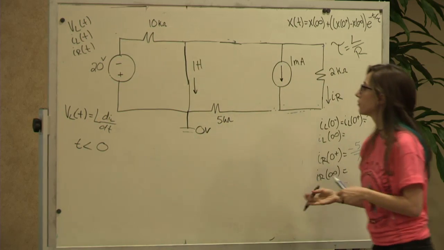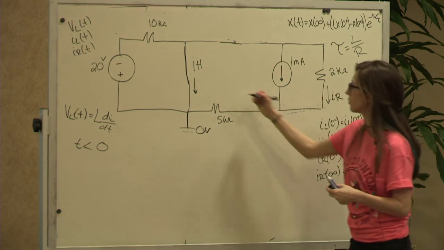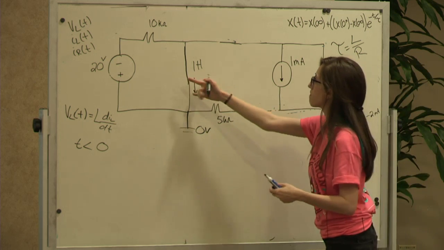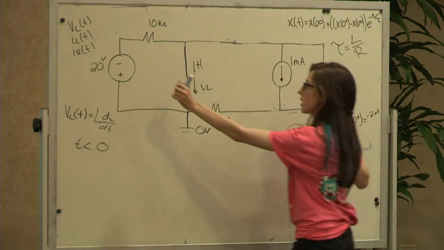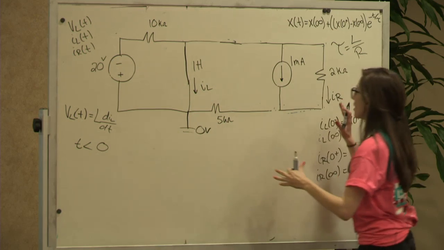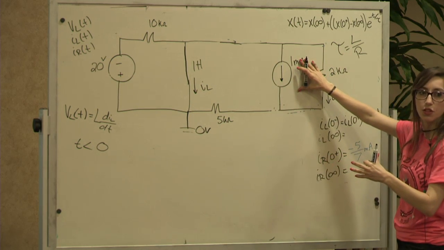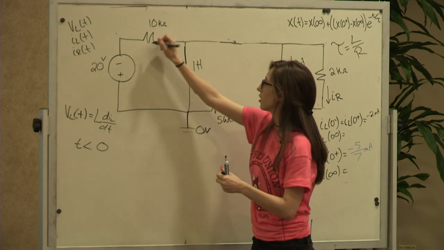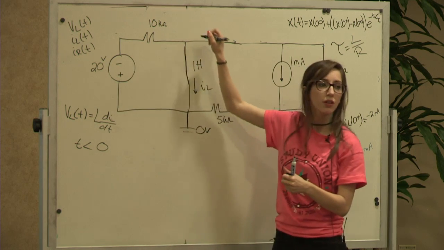Okay. So this shorts out. Now notice this. This circuit is completely independent from this circuit, because any current that comes here is just going to directly funnel through IL.